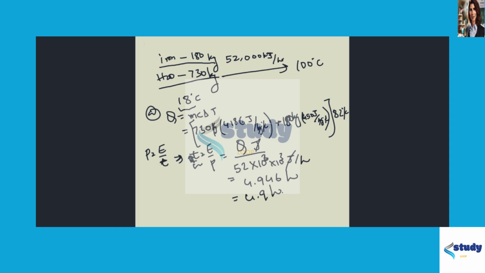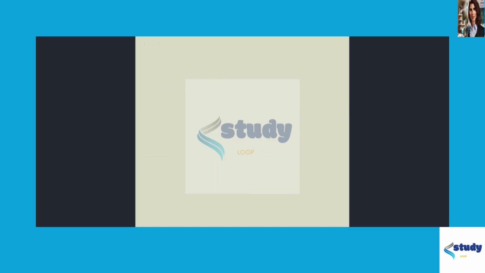Now, for part B, we want the water to evaporate. So let's say the water is already at 100 degrees Celsius. Now, we want to supply the latent heat of vaporization so that the water will evaporate.